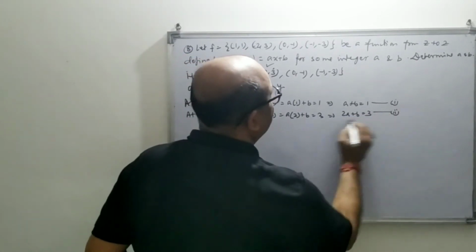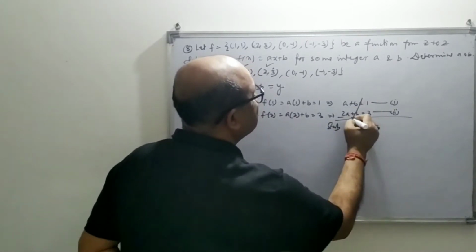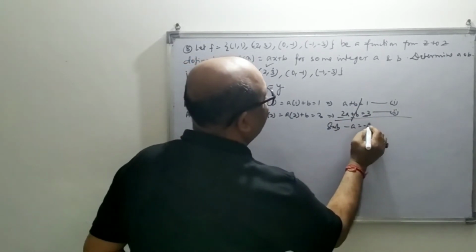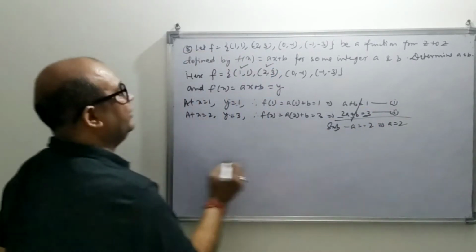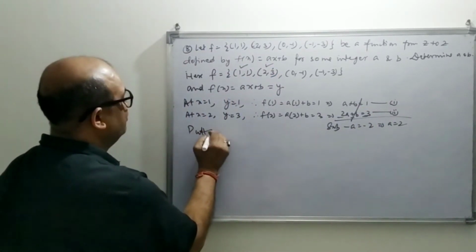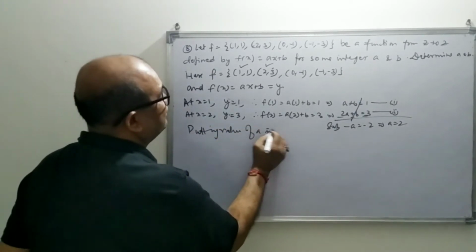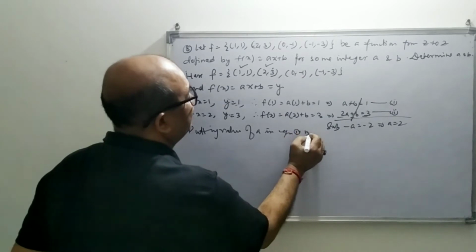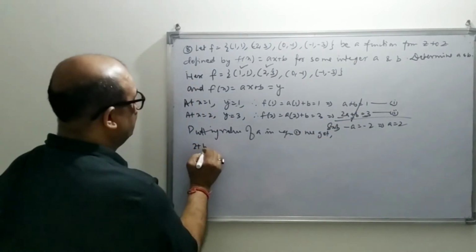Now, subtracting here, this cancels. So minus a equal to minus 2. That gives you a equal to 2. Now, putting the value of a in equation 1, we get 2 plus b equal to 1.